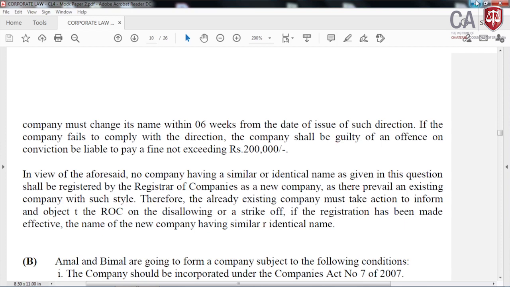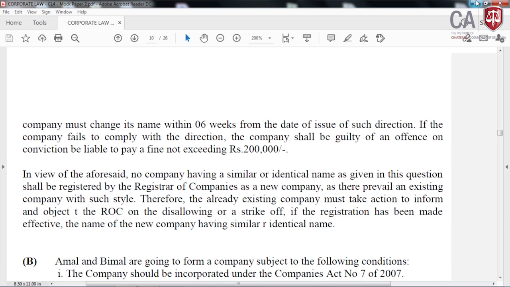Shall be guilty of an offence and on conviction, that is, the ROC, the registrar of companies, must go to court and file action against the second company for failing to change its name, and the court can fine that second company to a maximum of 200,000 rupees.